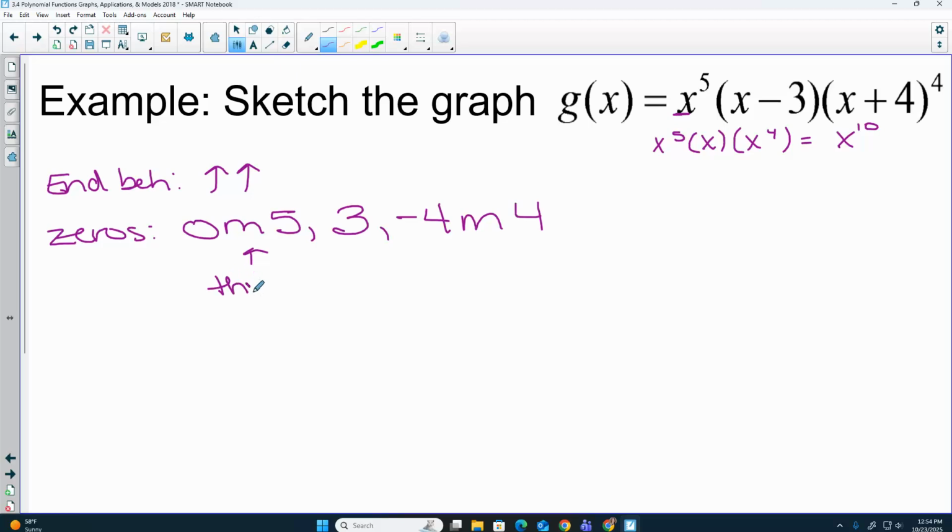The multiplicity is odd, so we go through. 3 had a multiplicity of 1. 1 is odd, so it will go through. Negative 4, multiplicity of 4. 4 is even, so it will bounce. Y-intercept. If you plug in 0 for all of your x's, what do you get? 0 times negative 3 times 4 to the 4th, which is just 0.